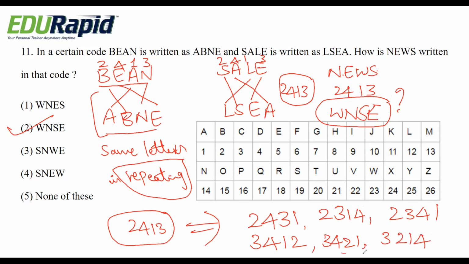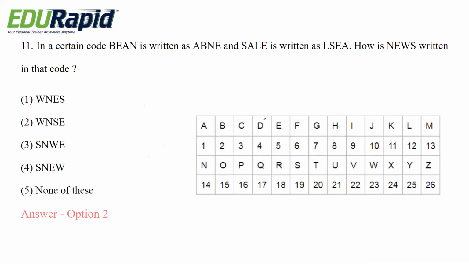Any pattern is possible. Just you have to identify in what pattern the letters are going on. If you practice these problems, it is very easy. All these problems are available on our website EduRapid. Please log in and solve all the problems. You will get more problems. For this, the right answer is option 2.